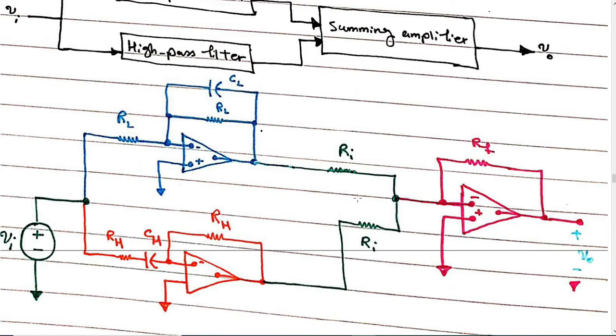What is the transfer function for the low pass filter? You see over here, if the output voltage, I call it now VOL, then VOL over VI is negative 1 over CLRL over S plus 1 over CLRL.